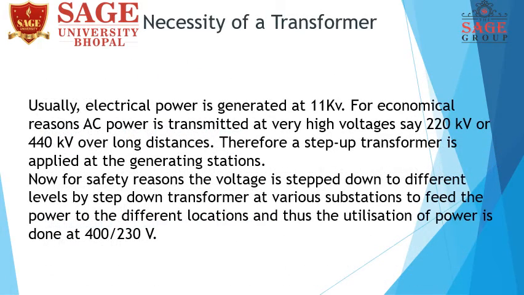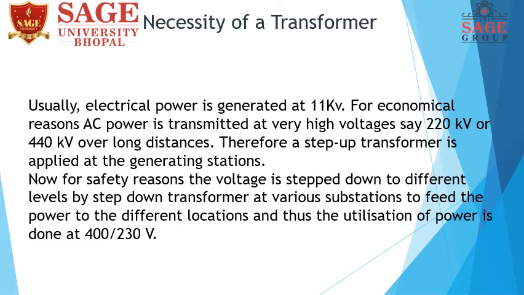And why is a transformer necessary? Because electrical power is generated at 11 kV for economical reasons. AC power is transmitted at very high voltage, say 220 kV or 440 kV, over long distances. There, a step up transformer is applied at the generating station. Then, for safety reasons, voltage is stepped down to different levels by step down transformers at various substations to feed power to different locations.